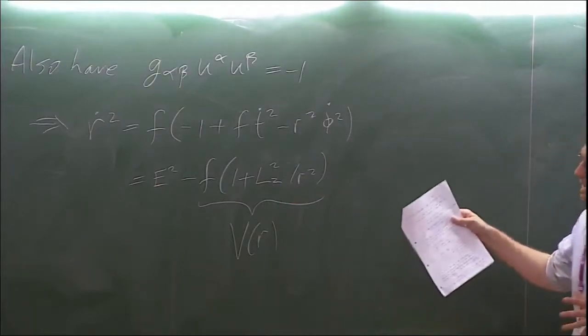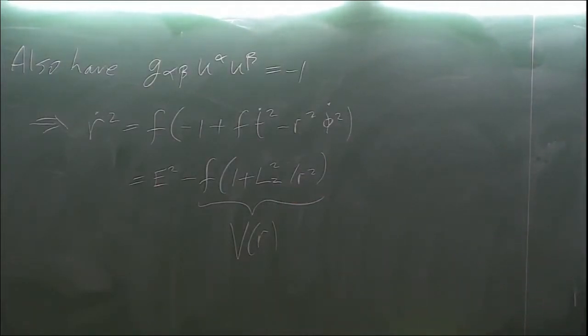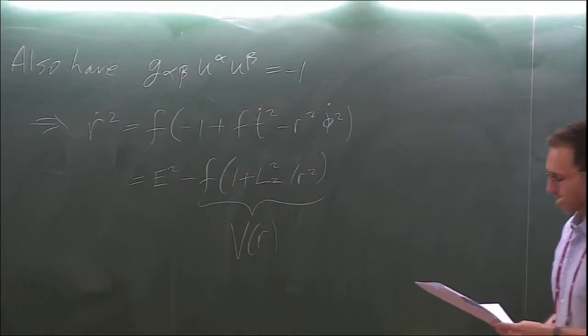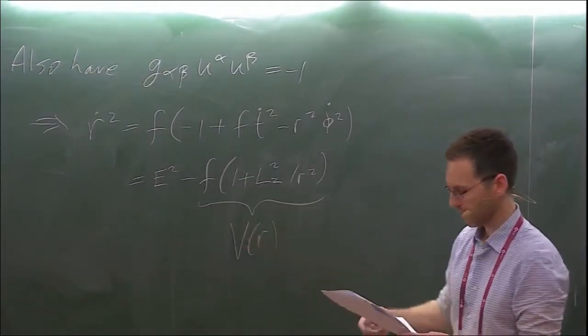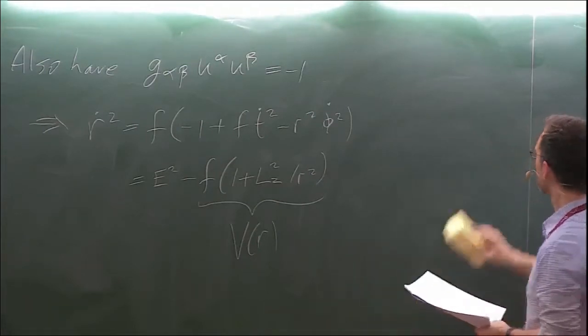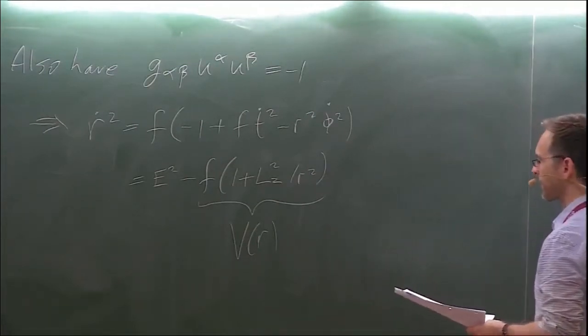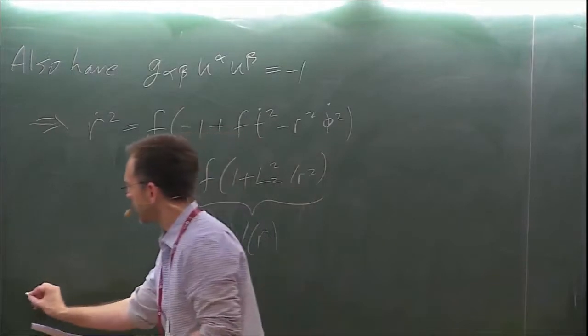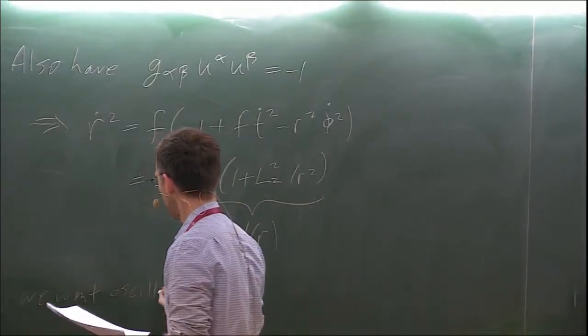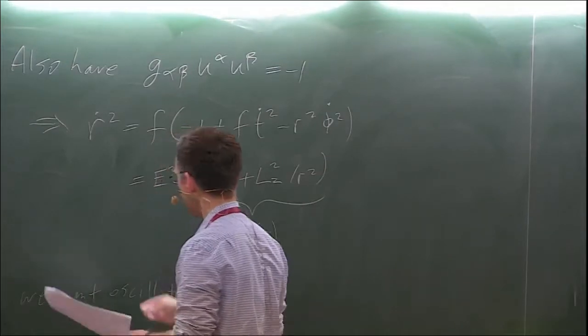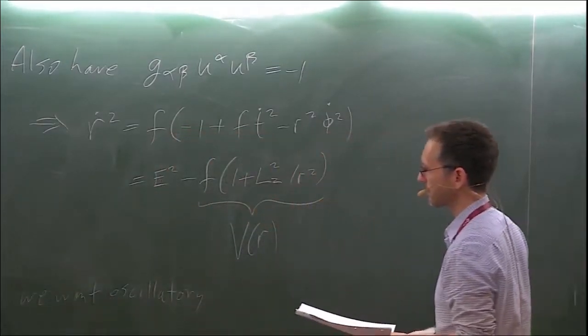Okay, so we're interested in bound orbits that spiral inwards rather than orbits that just come in, get scattered off the black hole, and leave back to infinity. So we're interested in orbits that oscillate between a minimum r value and a maximum r value. So we want oscillations, or it could just be at a fixed value of r, a circular orbit.